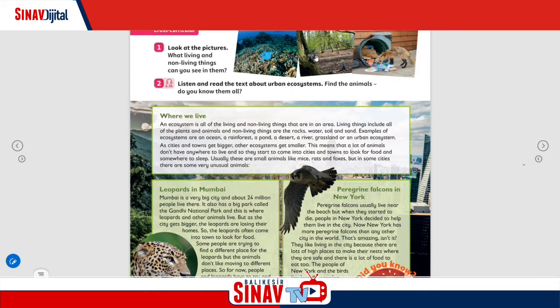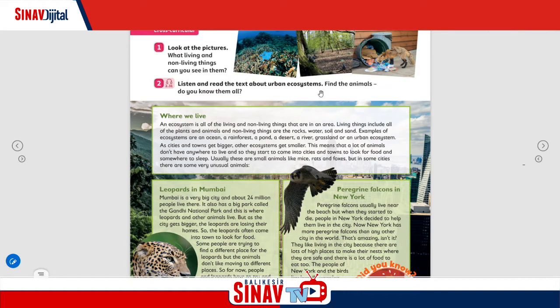Okay, a squirrel, maybe somewhere here a fish, a fox. What about non-living? Sand, dustbin, garbage, non-living. We are going to read and listen to a text about urban ecosystems.